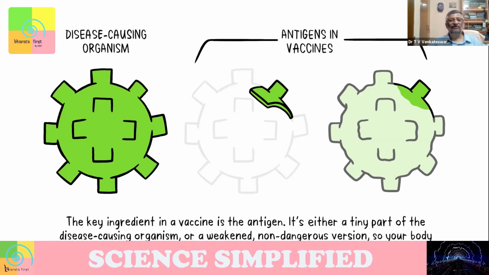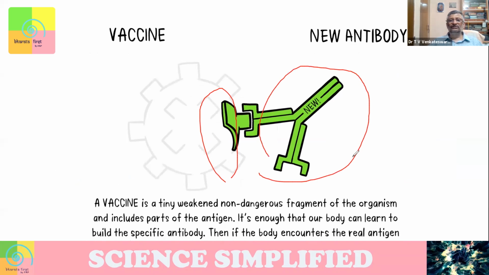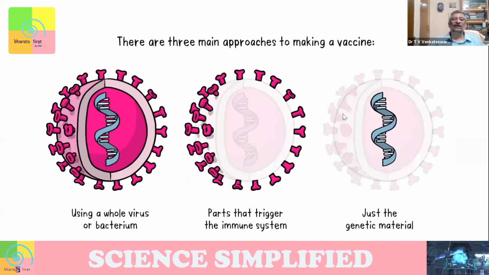At the least, a vaccine prevents death and serious disease. So when I give a part of the pathogen or a weakened version, my body produces this new antibody. Once that new antibody is produced, we are ready to face that pathogen. If we contract it, we will be able to fight it.